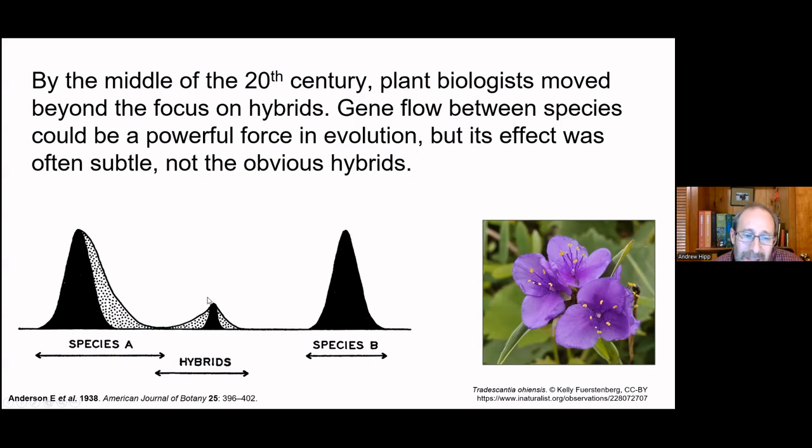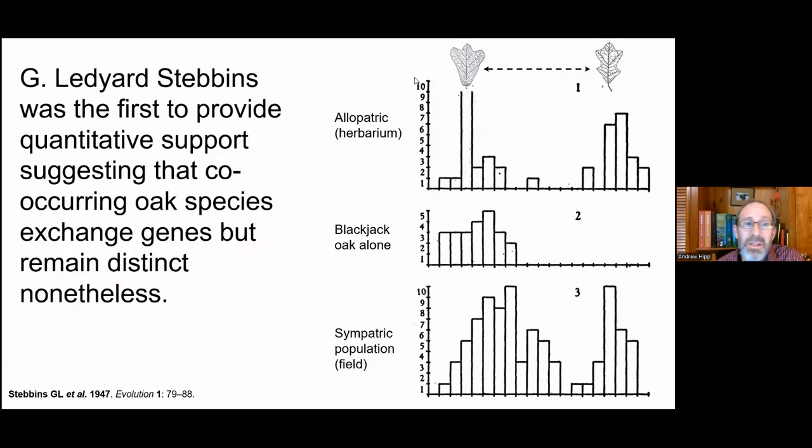Things that look intermediate between them, those are probably hybrids between species A and species B. But what about when those hybrids are not reproductively isolated, when they're not sterile, and they can reproduce with one or the other parents? What we get is a movement of genes between species. This is called introgression.